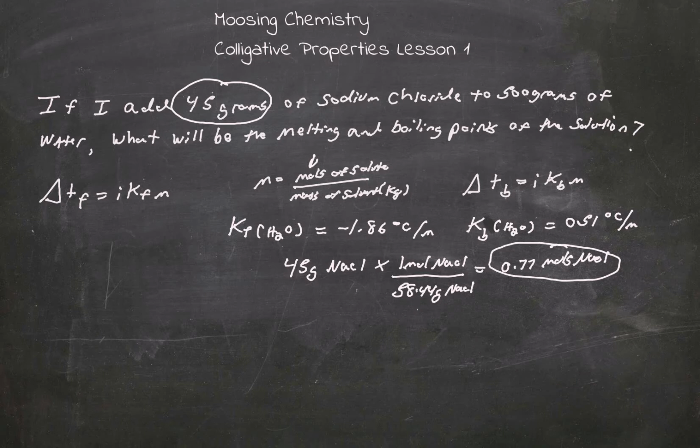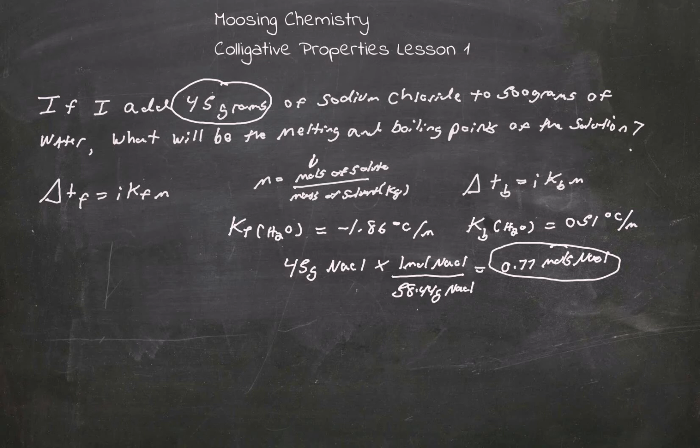So we've erased that. So what we need to do now is determine what our little m value is. We have our Kf value. We have our Kb value. But now we need to know what our m value is. And that's molality, before we can even solve this problem. So let's go ahead and calculate what little m is.